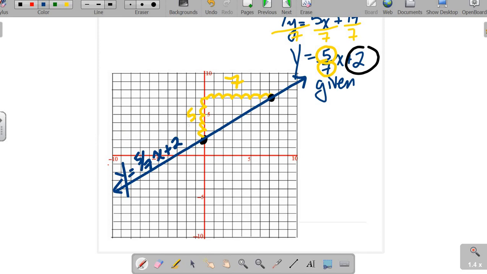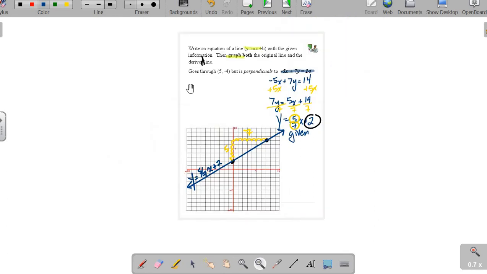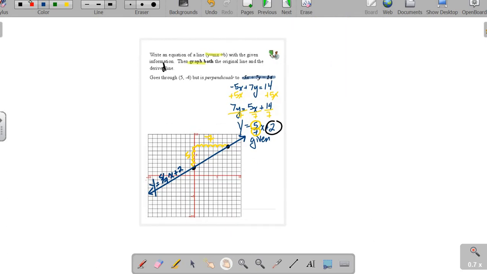So we have y equals 5/7 x plus 2. That's our given line. Now our derived line, we want it to go through 5, -4, but is perpendicular to this line.